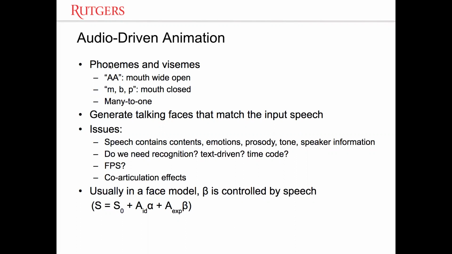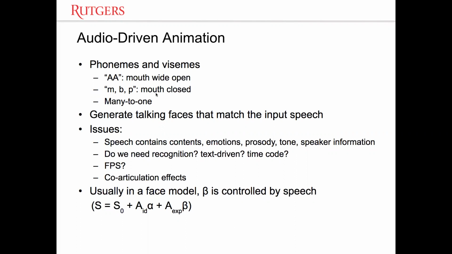So if we have a phoneme in the audio, we can immediately map it to this blend shape with specific weights, let's say 1 or 0.8. And the phoneme MBP can be mapped to mouth closed.